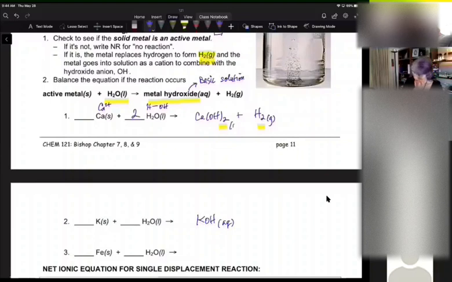Oh, all of these are aqueous. All of these bases are aqueous. So again, if we think about that H connected to an OH, we have 2 of these, so we're going to need 2 of these.